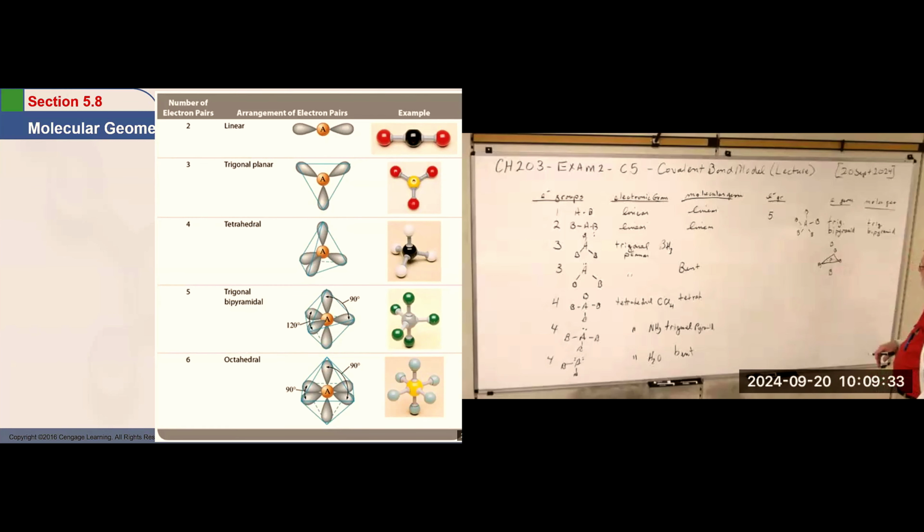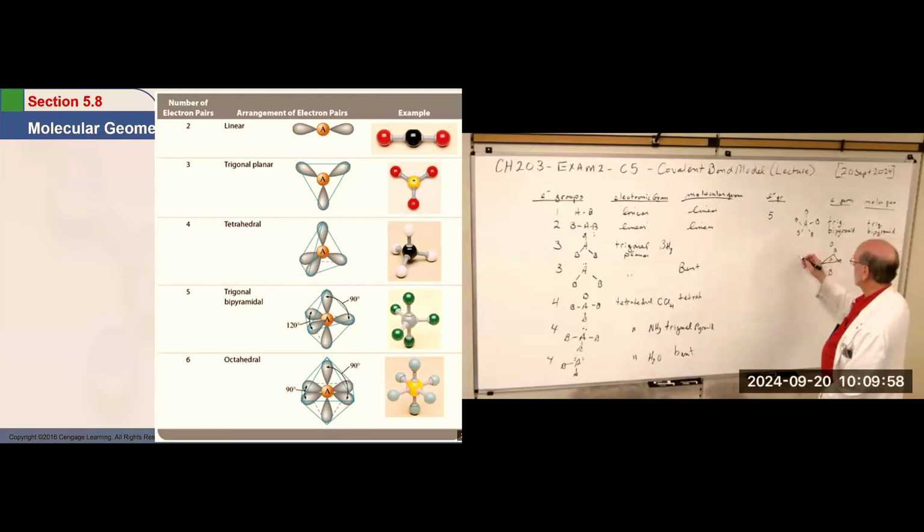If one of these is missing, which one goes missing? Well, logic would say these B's up here and there are further away, so we would expect them to be where the lone pairs would reside. But in fact, the lone pair resides on the triangle.